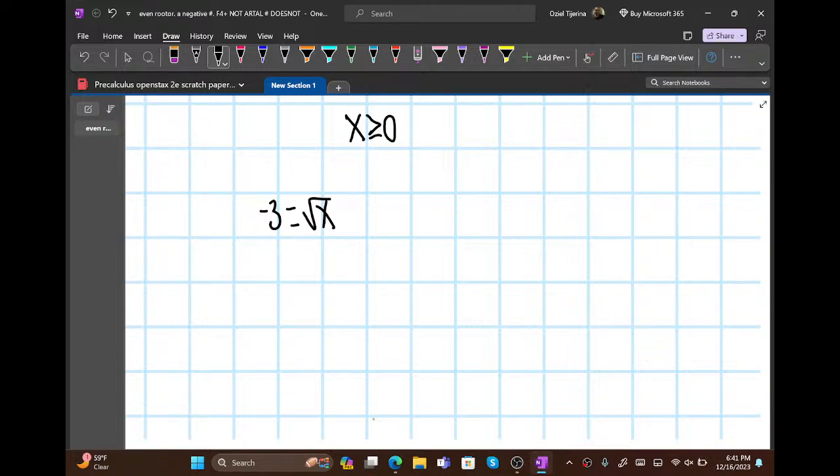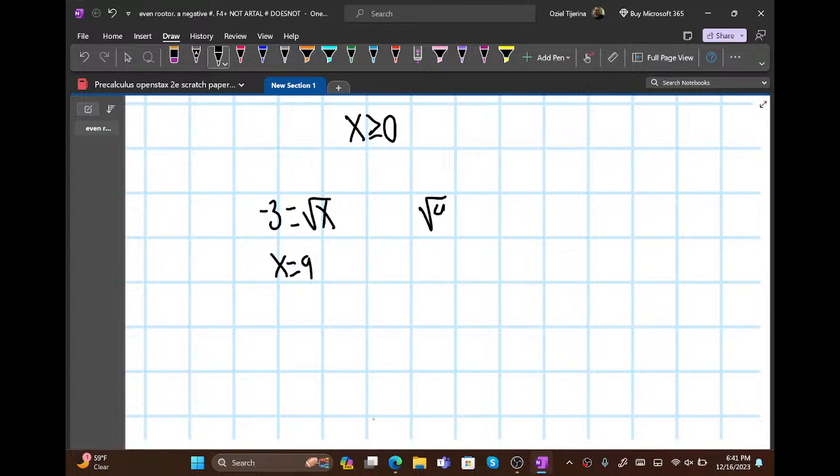So if I were to state this, yes, x would be equal to 9. But we're only saying that it's for all positive numbers, not for negative numbers. So you have to be careful.